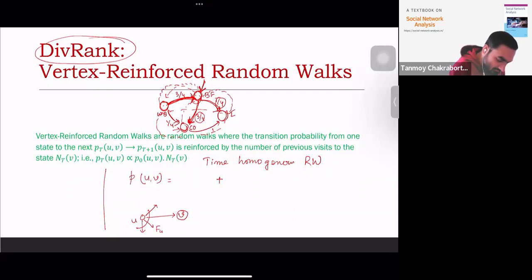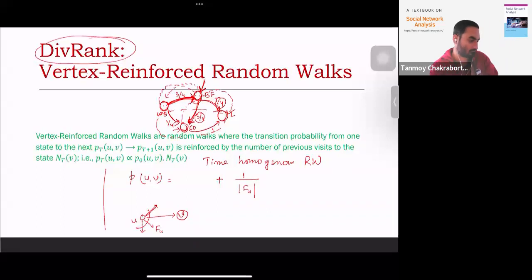So in PageRank, if you follow these hyperlinks, what would the probability be? The probability would be 1 by mod of F_U. Let us define something.